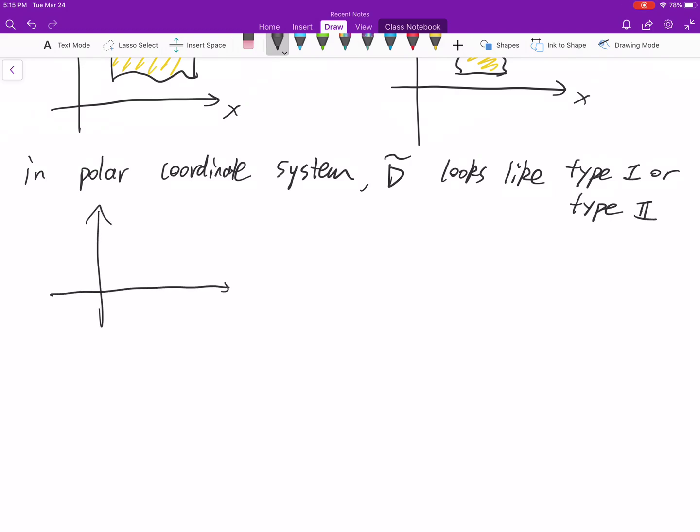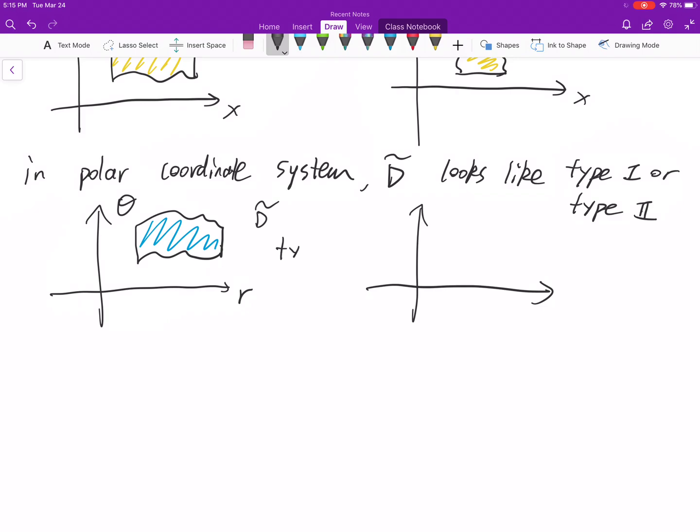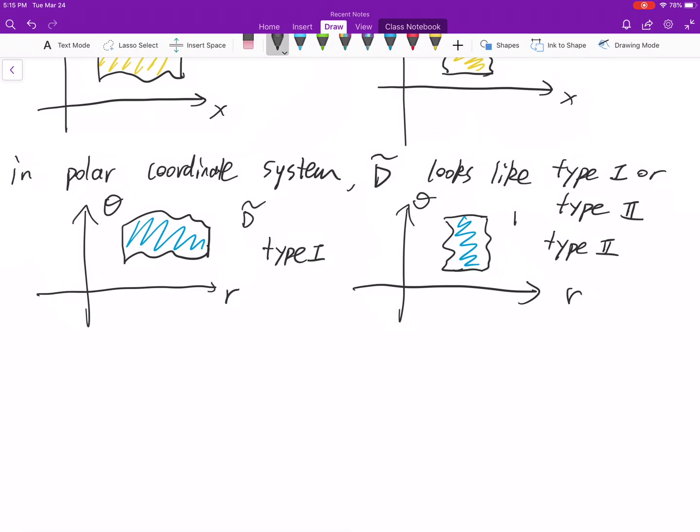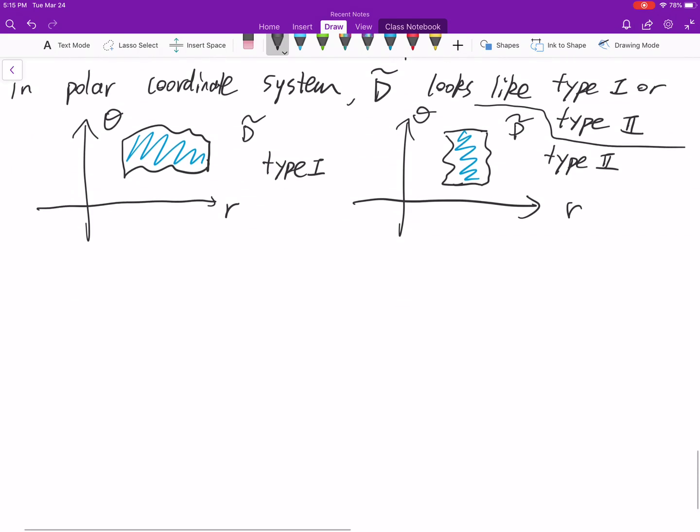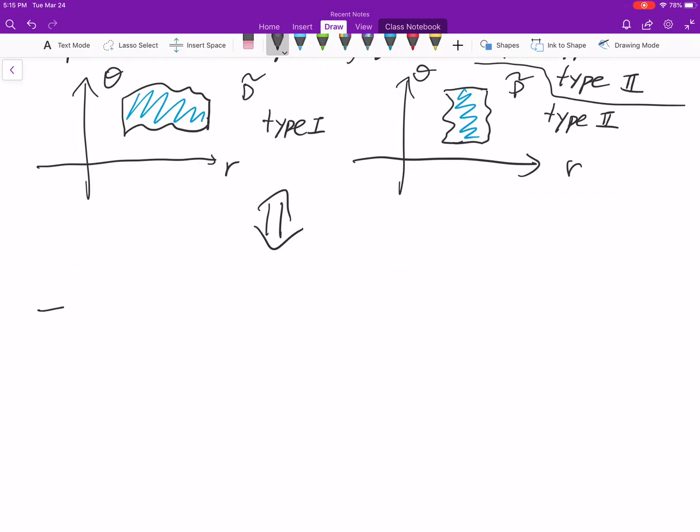In other words, suppose you have r theta coordinates, and if your domain looks like this, we call it type 1. If your domain looks like this, we call it type 2. And you might want to transform this into rectangular coordinates.